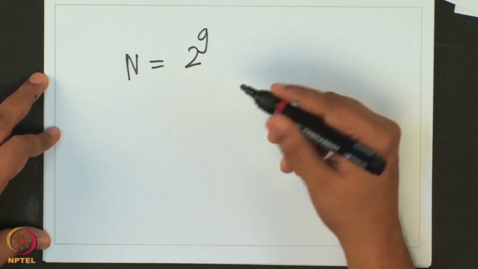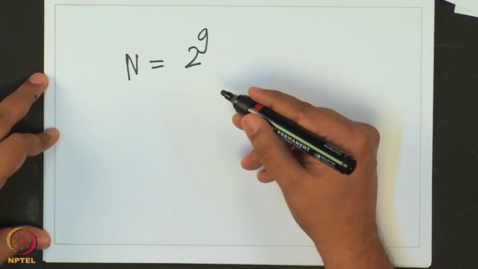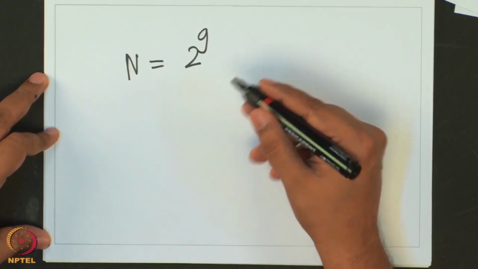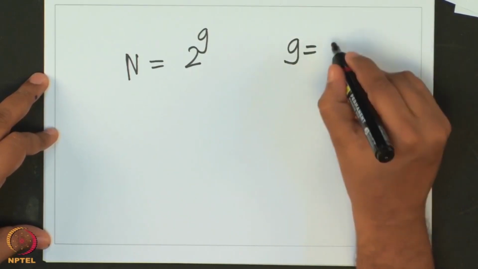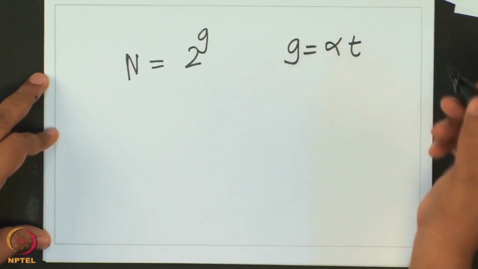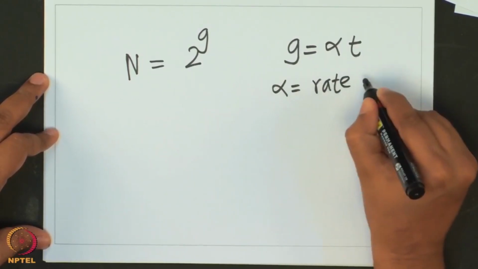How do we convert this to the exponential form that we learned now? This g, which is the generation, I could write as alpha t. What is alpha? Alpha is the rate of growth.